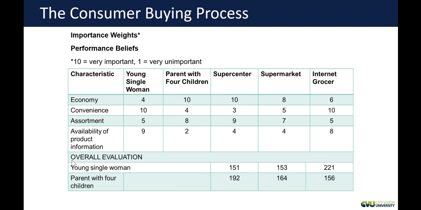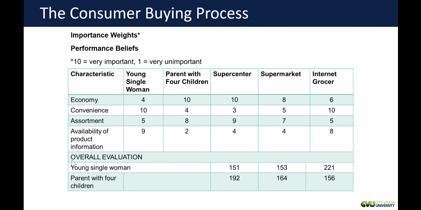That's how that works. Now, for a young single woman, we could do the same thing. The internet grocer economy is times 6, not that important. It's 24. For the single woman, it's convenience. The internet grocer is more convenient, so 10 times 10, that's 100. And then the assortment, 5 times 5, that's 25.